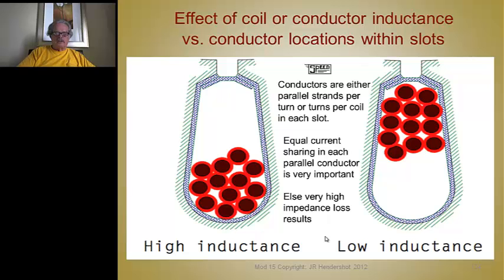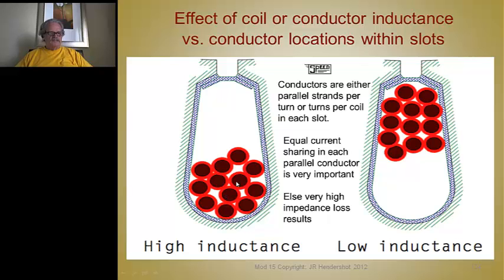Even the location of the conductors within the slot changes the inductance. For example, conductors in the top of the slot close to the slot opening have lower inductance than the ones in the bottom of the slot because they have more iron around them. So normal lap coils, one side of the coil would be in the top of the slot, the other side of the coil would be in the bottom of the slot.